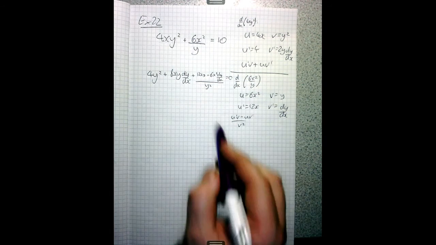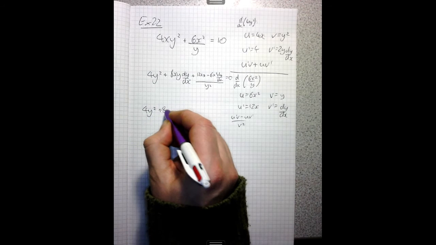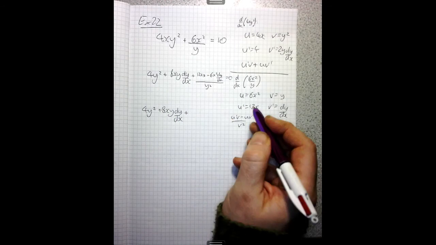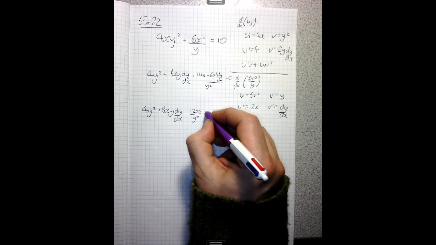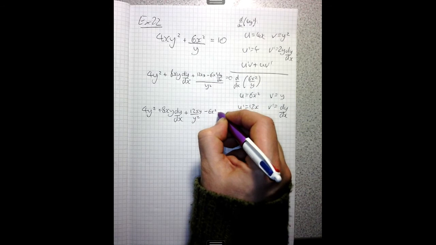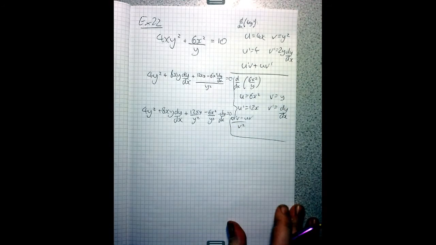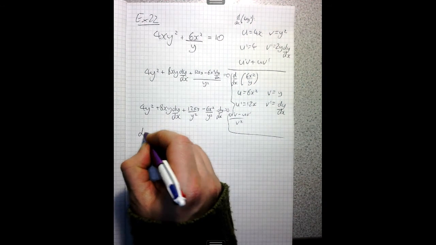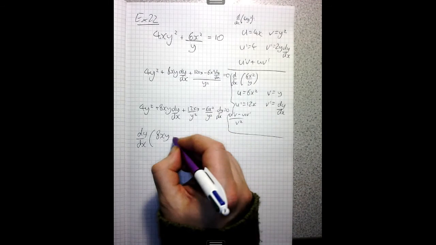Okay, so 4y squared plus 8xy dy/dx plus, let's write this as two separate fractions, 12xy over y squared minus 6x squared over y squared dy/dx. Just managed to fit the equals 0 on again. And make dy/dx the subject. I've got 8xy minus 6x squared over y squared.